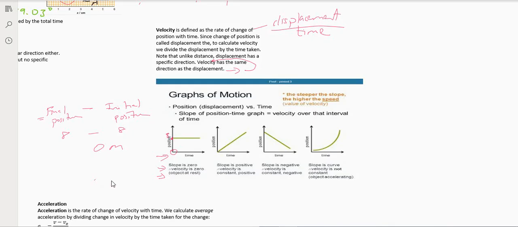Let's look at another example of a displacement versus time graph. Now, this one here, the second graph, is more similar to the one that we saw, a distance versus time graph, when we looked at speed, right?